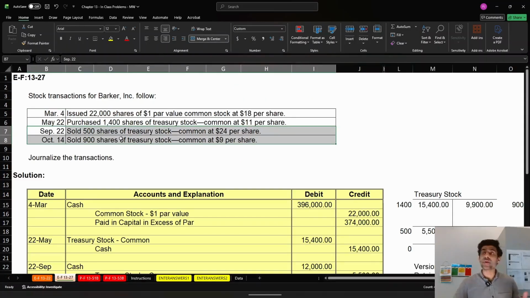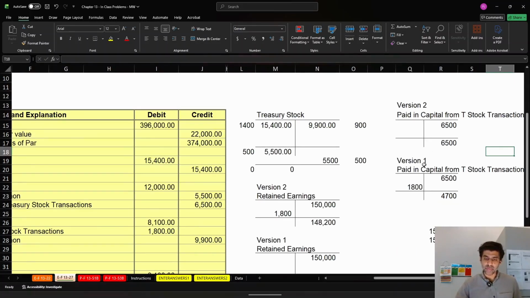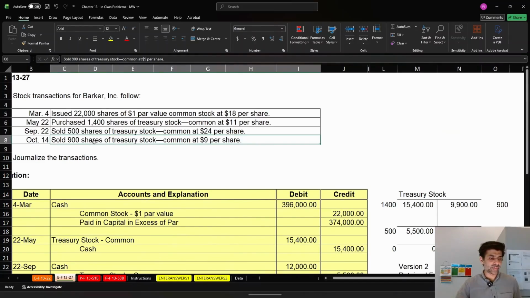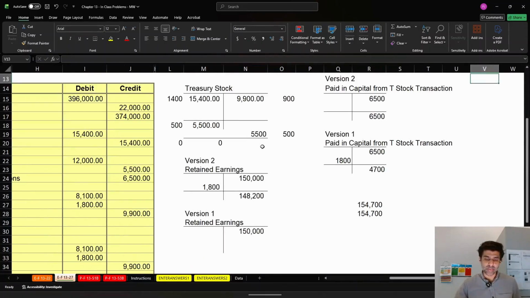So I switched the order of these because I basically bought 1,400 shares and I sold 1,400 shares, right? All I did between version 1 and version 2 here. Version 1 is when I first sold these 500 at a profit and then I sold the 900. Then my T accounts would have been version 1.